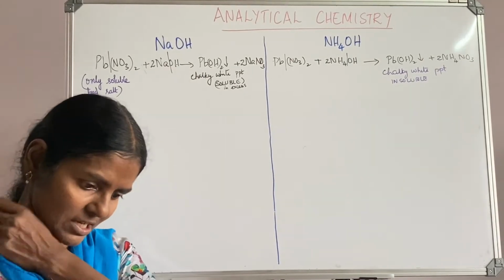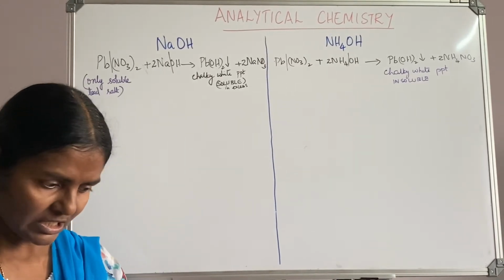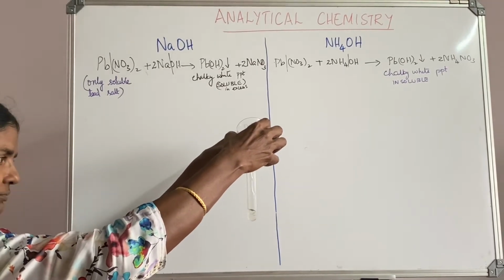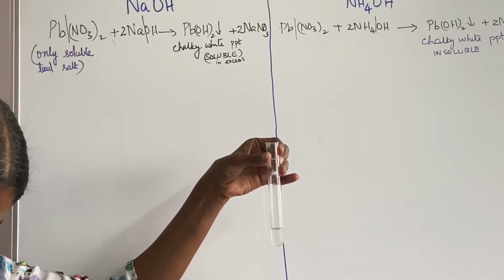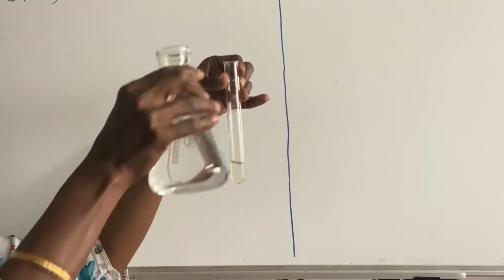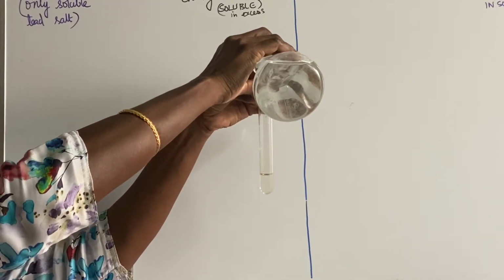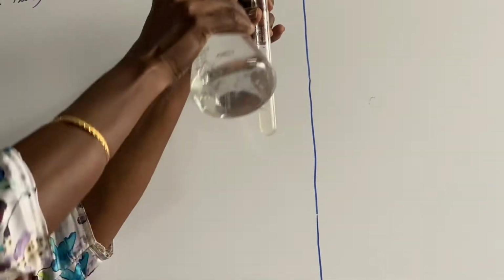Now let us see that. Let us take with NaOH, let us add lead nitrate solution. This is lead nitrate solution, and we take NaOH, it gives a chalky white precipitate.